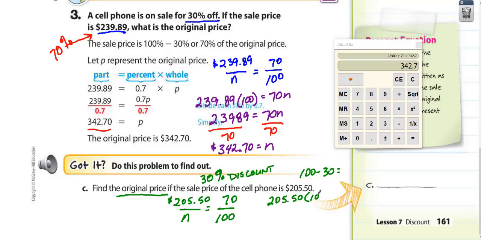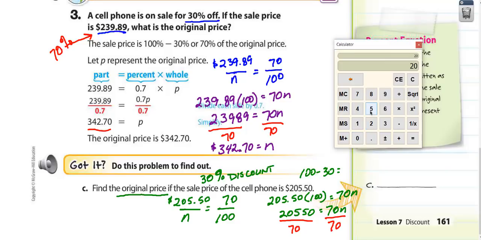205.50 times 100 is going to be 20,550. That's equal to 70 N again. We're going to divide by 70. You should already have your answer.